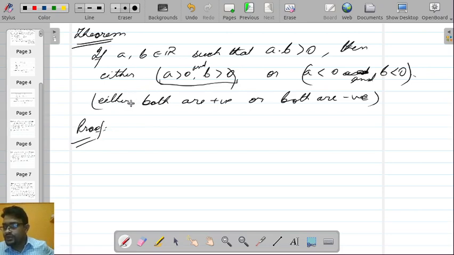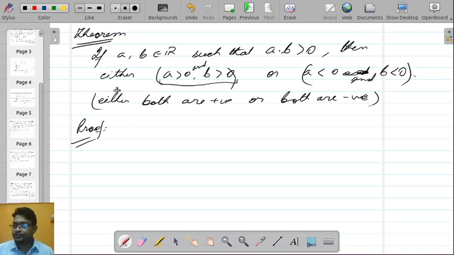Proof is this simple. AB is given to be greater than 0, so this implies that A is non-zero, B is also non-zero, because already we have proved one result that if AB is 0, then either A is 0 or B is 0. And if any one of A and B is 0, then their product has to be 0.